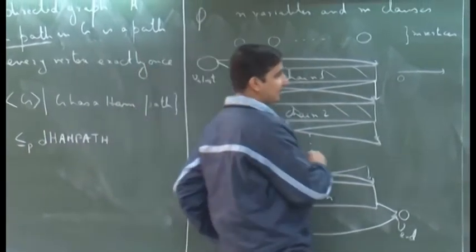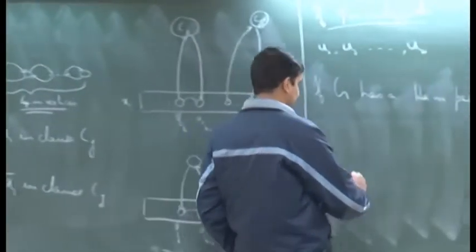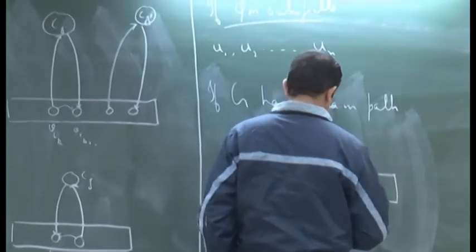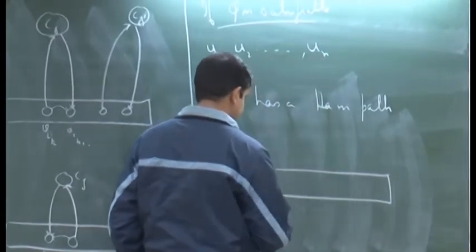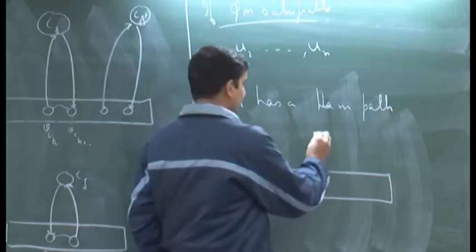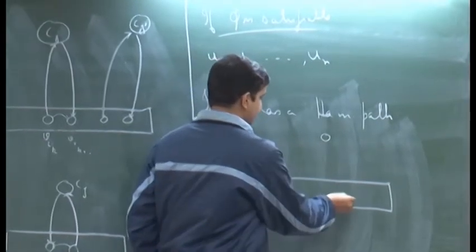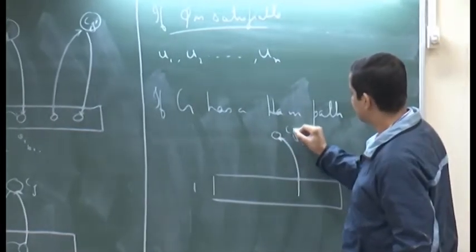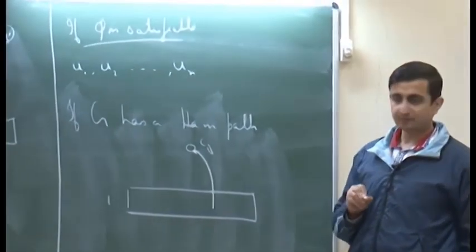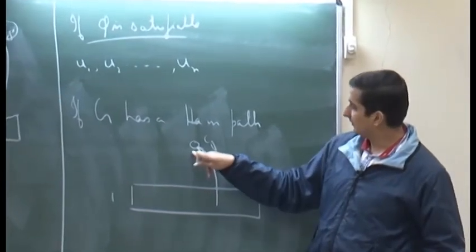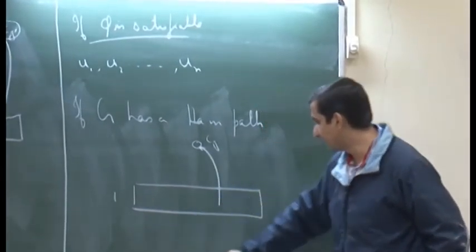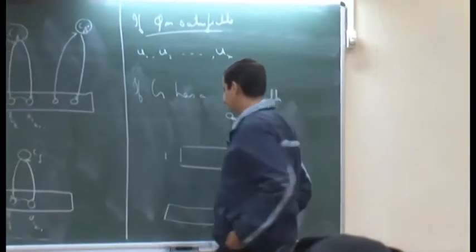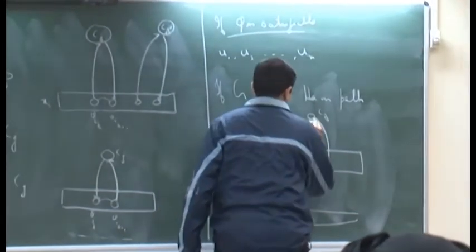Suppose you are at let us say some chain I, okay, and you make a jump to the variable corresponding to some clause C j. There can be many variables contained in C j. So, let us say there is also another variable j. Okay. So, we have these two.